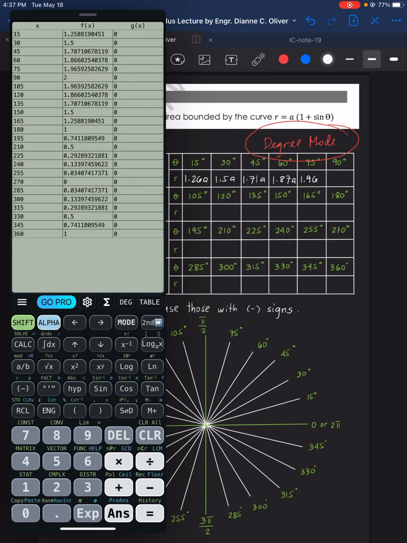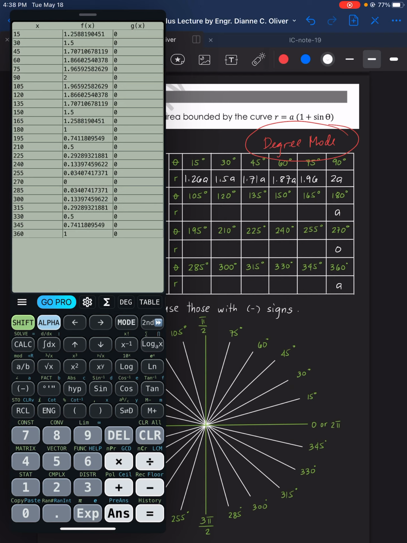For example, I'll just pick the whole numbers first. We have here 90 at 2a, then 180 at a, 270 at 0, then 360 at a. And next are the one decimal places.